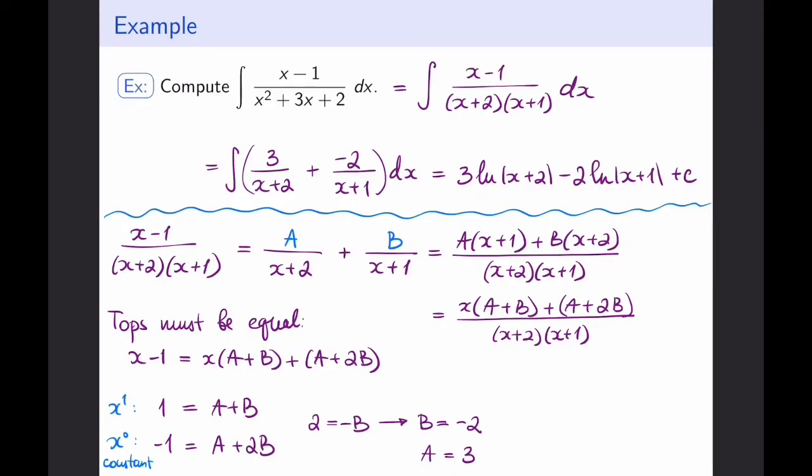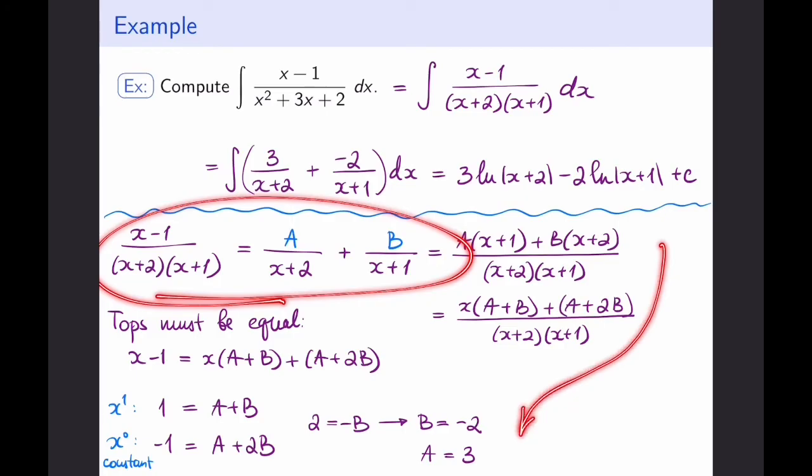Now, the only differences will be in what types of functions we are breaking our big fraction into and how we are going to actually compare, what coefficients do we get by comparison. Now, really, the hardest step is the first one, deciding what to break the fraction into, because everything else is really a fairly straightforward algebra.